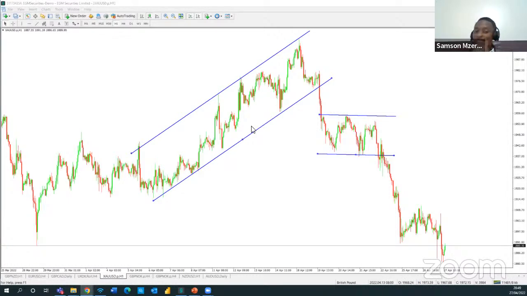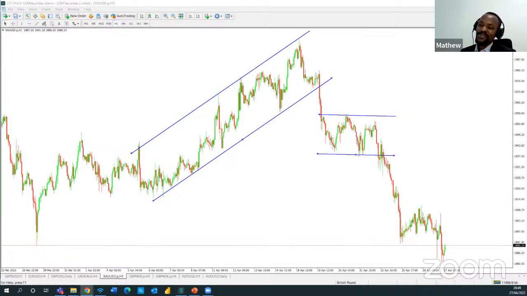You might find that in the 1 hour you're in an uptrend, and then in the 5 minutes you're in a downtrend. Then it confuses you because the other time frame is too high to make sense when you're trading on 5 minutes. The best thing to do is to come back a little bit down to M30. There you'll get enough relevant information when you're trading on your M5.